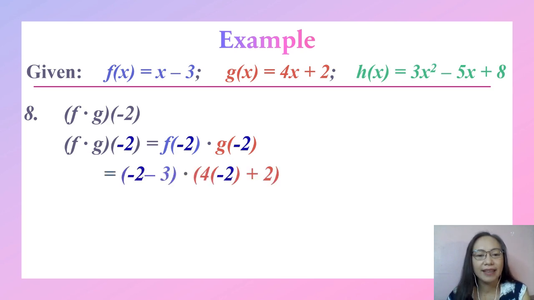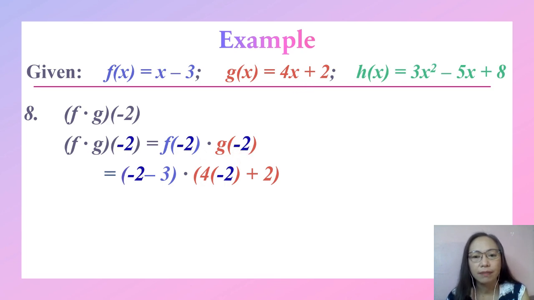Okay, and directly replacing x with negative 2. So for f here, we have x minus 3, we replace x with negative 2, so we have negative 2 minus 3, times, for g of negative 2, we take the function g here.